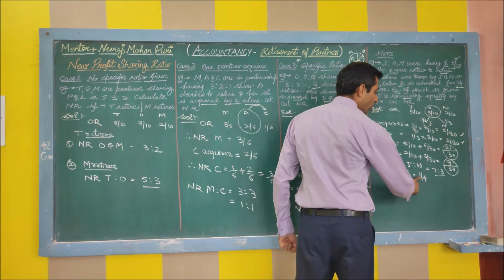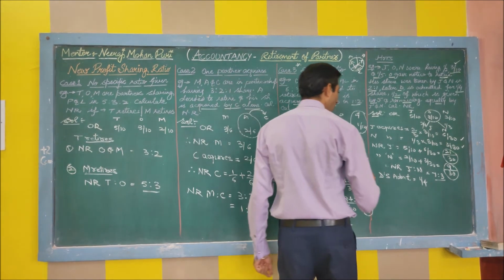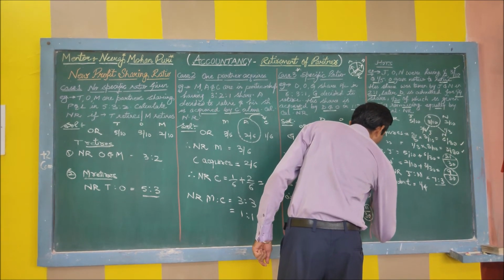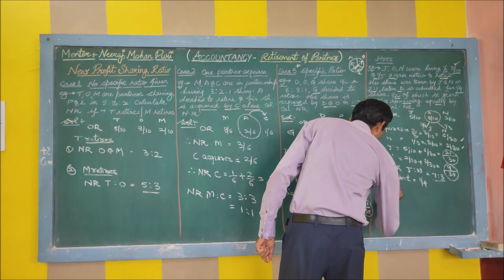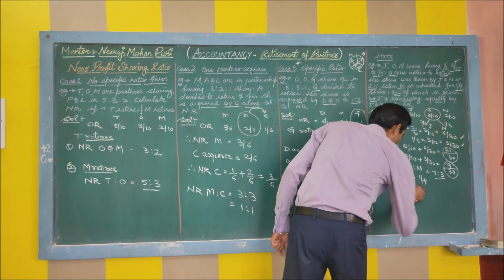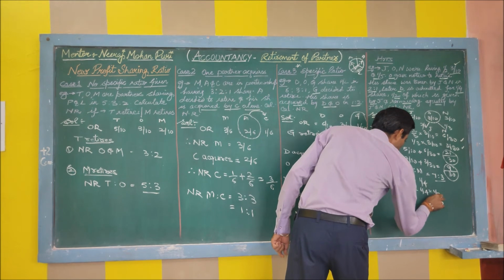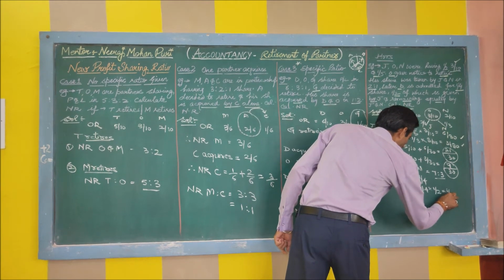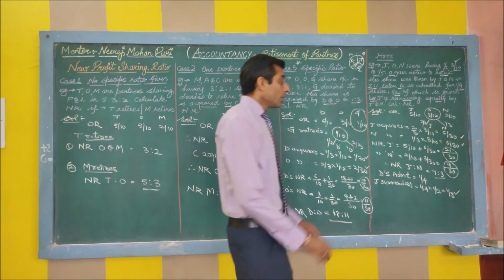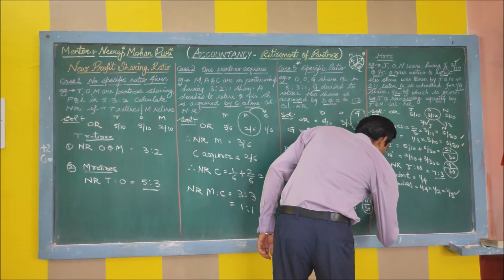Therefore, we will do 1/4 multiply 1/2 is equal to 1/8. Who is surrendering? J surrenders. J surrenders 1/4 multiplied by half, which is 1/8. Since J surrenders this 1/8, how much is left?